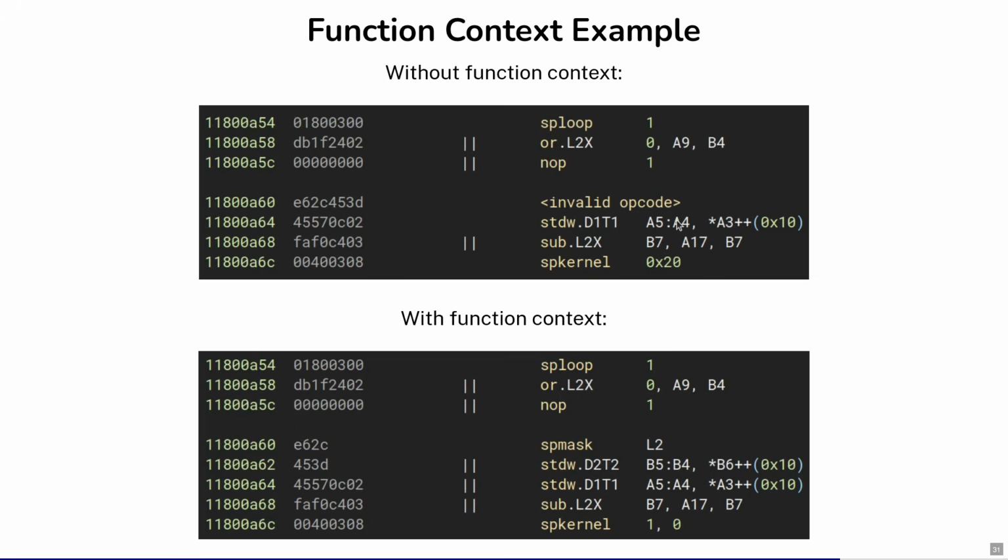And the second difference is the SP kernel instruction at the end of a loop. That would usually have 2 parameters, but we can't split them up because we need the operand of the SP loop at the beginning to split it up. And both is information that we can pass in this function context, and then we can just look it up later, and then it translates fine. So we have 2 compact instructions and 2 operands for the SP kernel instruction.